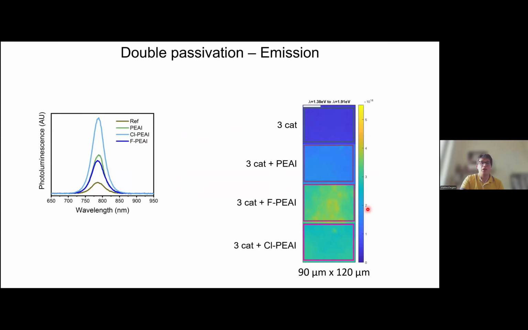And performing a double passivation, so bottom and top treatment, what we can observe is that we have a stronger emission, even stronger than before, especially for fluorophenylethylammonium iodide. And the deposition happens along all the surface in a homogeneous way.